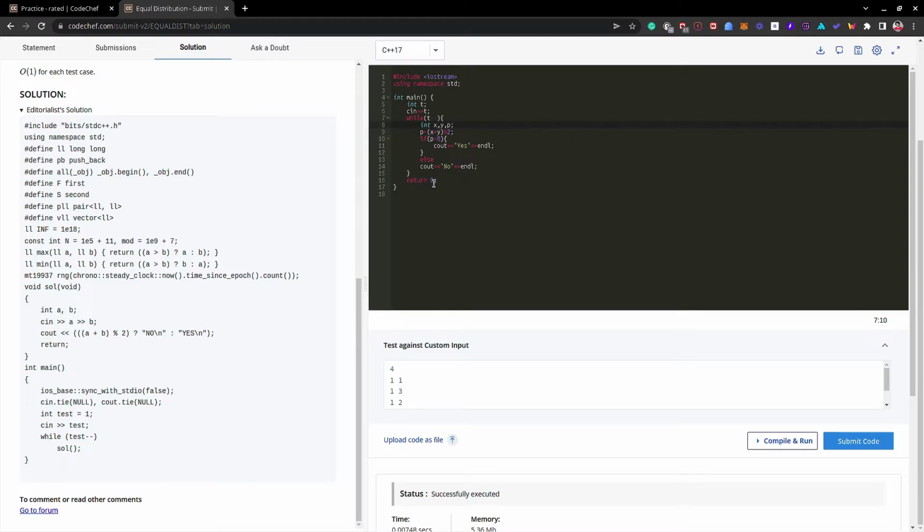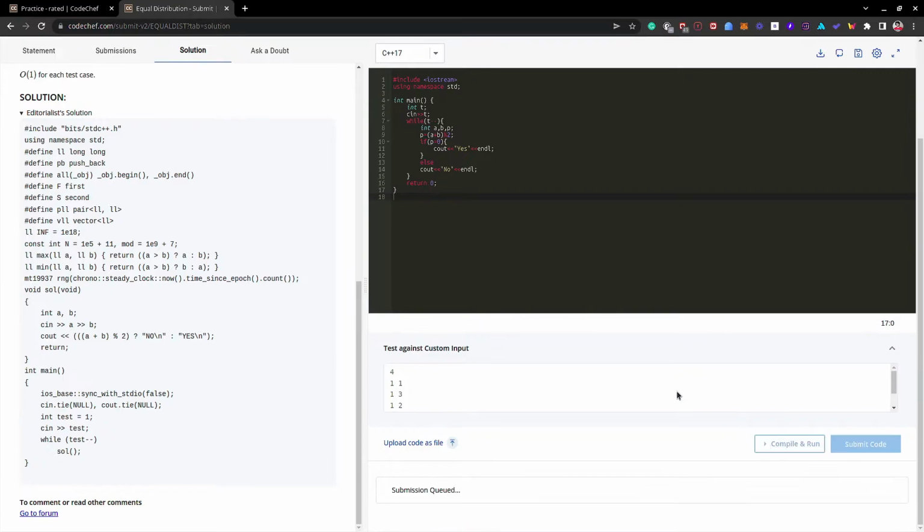If I change these things for compiling, if p equals 0, let's compile again and see how it goes.